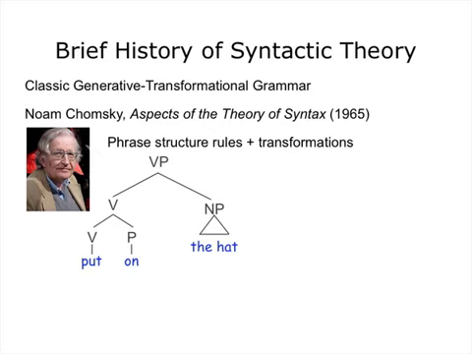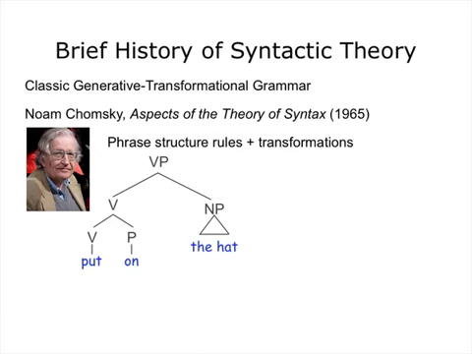And what can those rules do? They can delete things. So how is it that we have these things in mind, but it's not showing up in the syntax? It's because there's a rule of deletion, like that ellipsis I showed you. But you can also move things around. You can change the structure by virtue of the transformations.